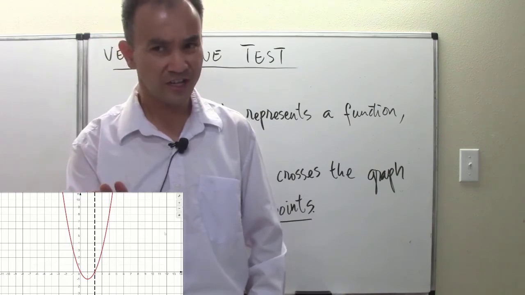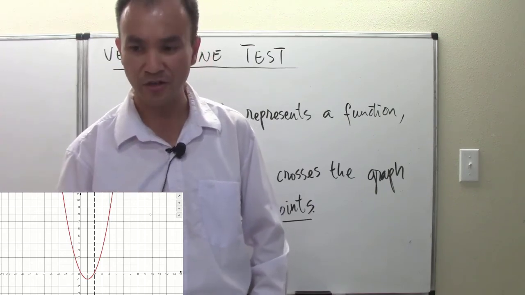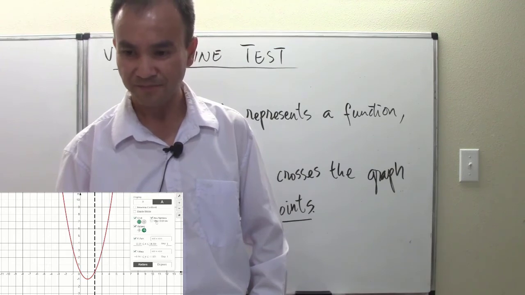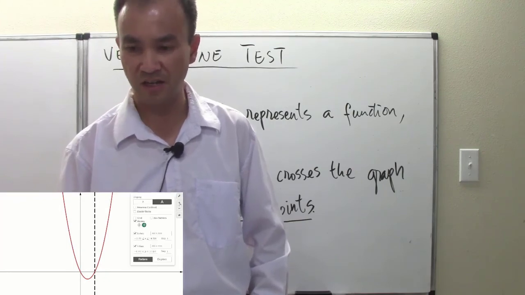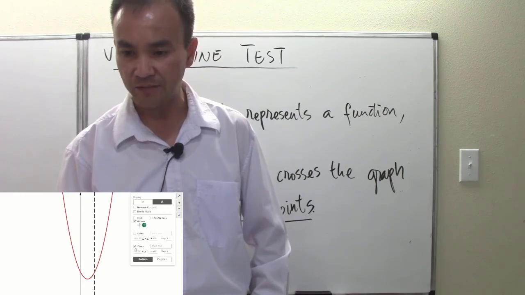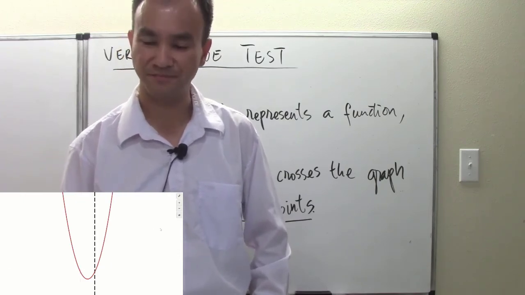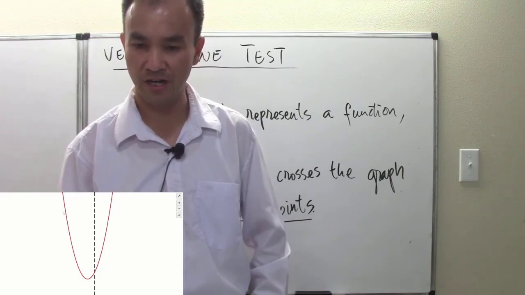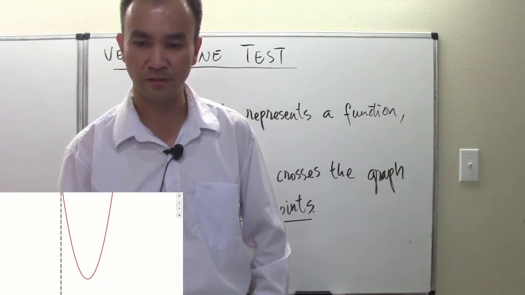Now the grids in this graphing software may be interfering. Let me turn that off. Okay, I'm going to hide the axis numbers. I'm also going to hide the grids. So now let's see things in real action, and maybe even for better purpose, I'm going to completely hide the axes right here. Just look at the graph itself. Now anywhere I place that vertical line, there's only one crossing point.